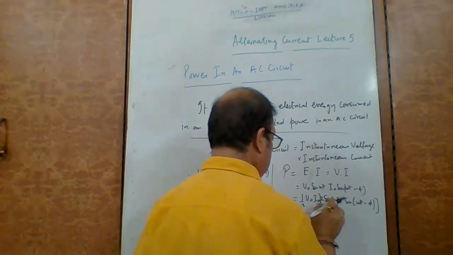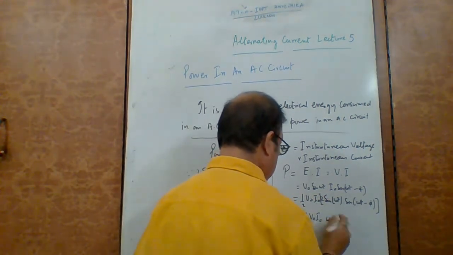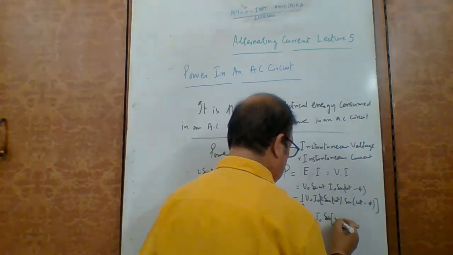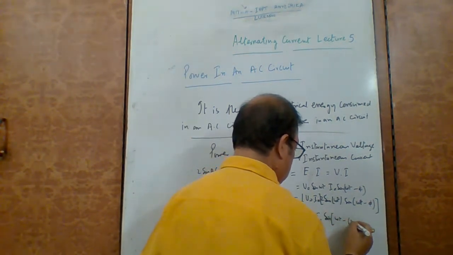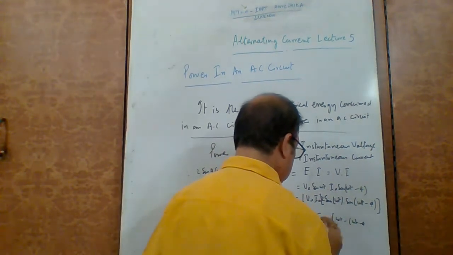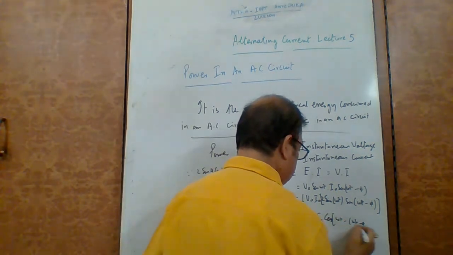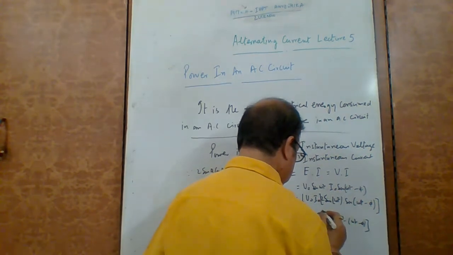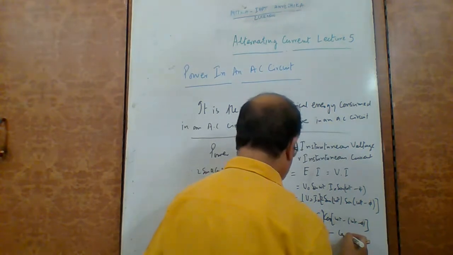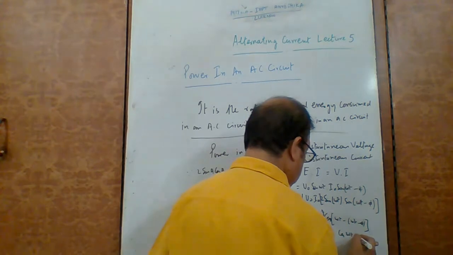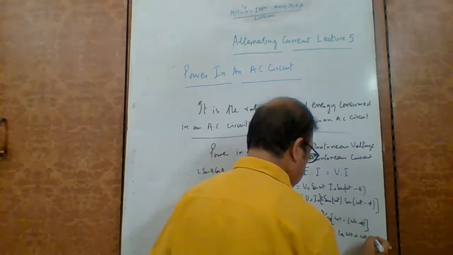We take this minus this: cos of omega t minus omega t minus phi, and another one, cos of a plus b, omega t plus omega t minus phi.